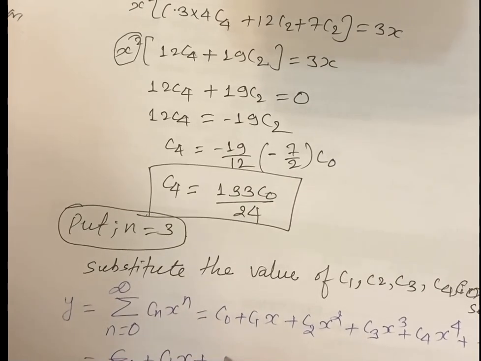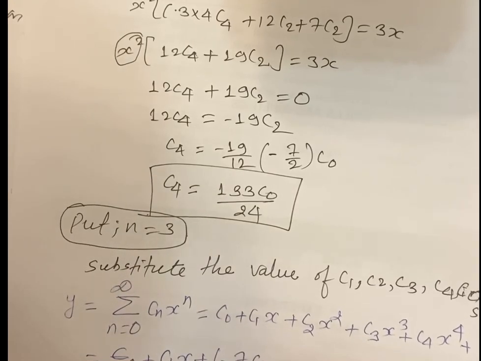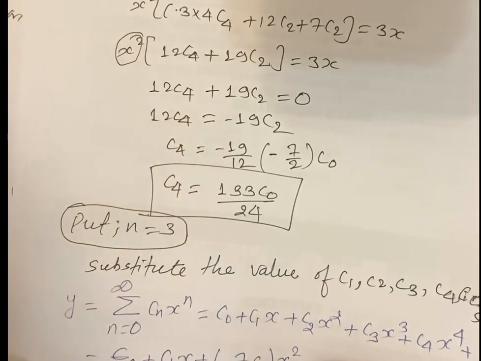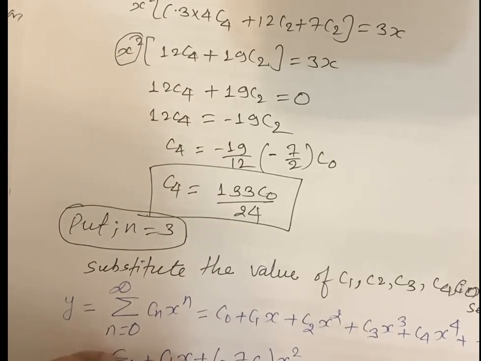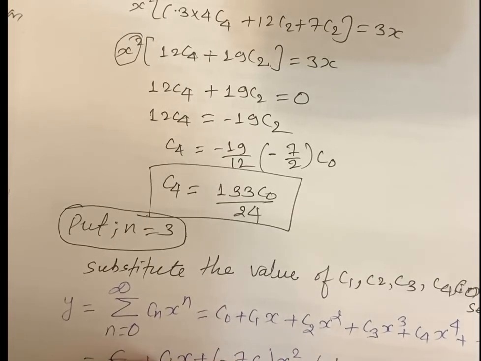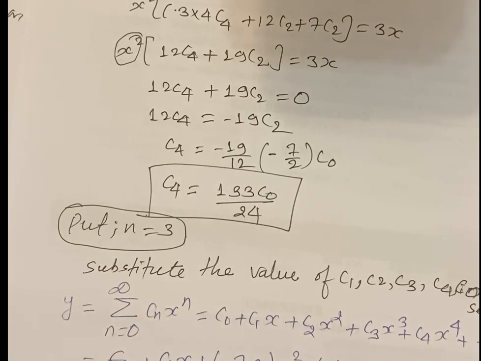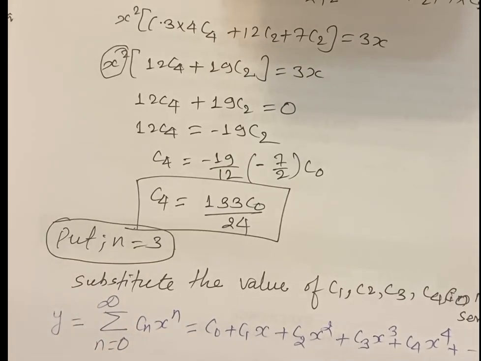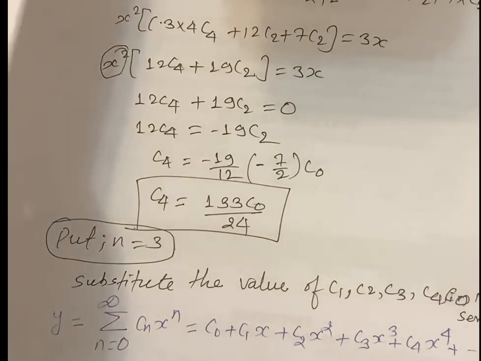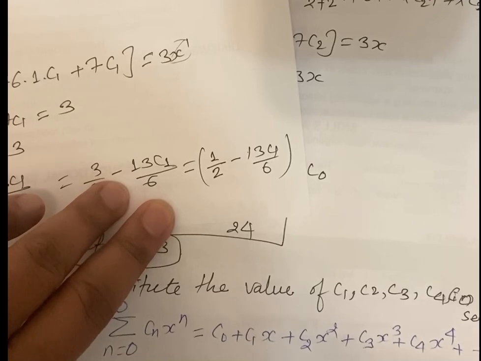So how much is c2? c2 is minus 7 by 2 c0 into x square. Okay, then how much is c3? c3 is 1 by 2 minus 13 c1 by 6.